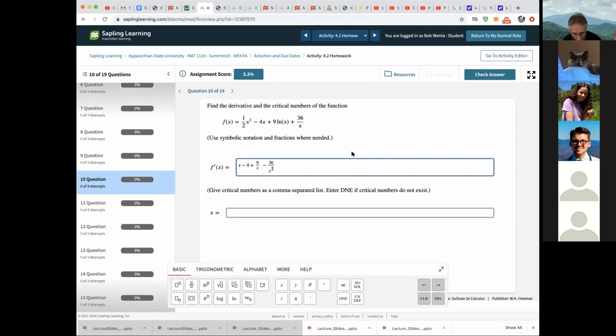Look at it and be comfortable with it, because that's the general idea of the situation. But now it's saying give critical numbers, so the second part of it is give the critical numbers.